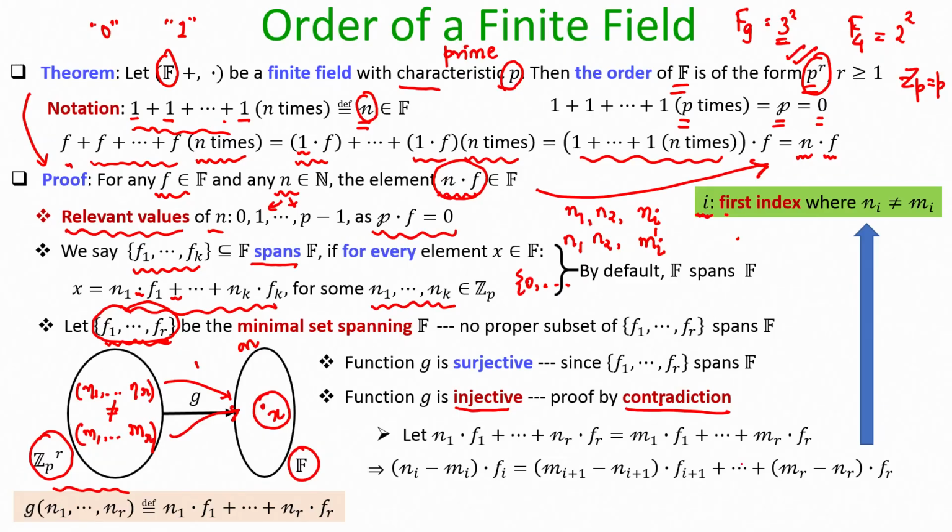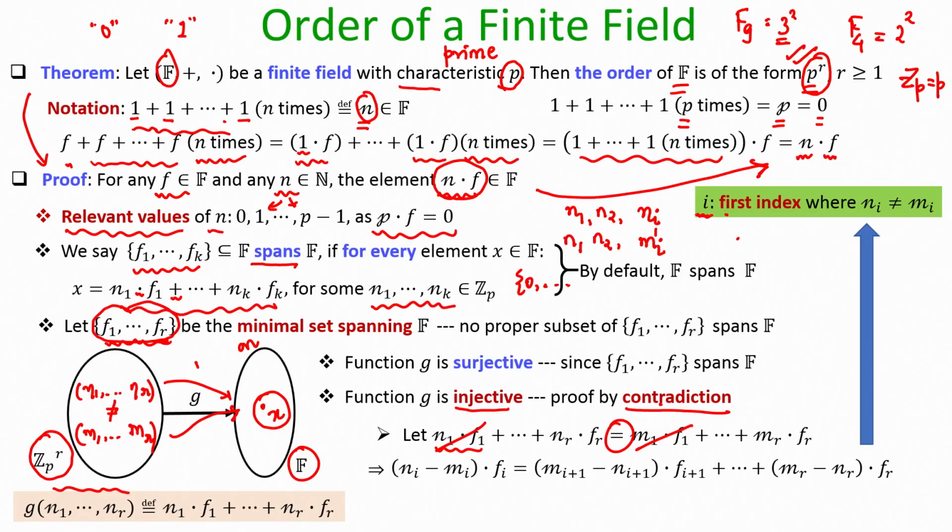So, I am focusing on that index I, and assuming that the first I minus 1 components are the same in both the n tuple and the m tuple, then I can cancel them out from both the LHS and the RHS. Because if I have N1 times F1 occurring in the LHS and M1 is the same as N1, then I can cancel out N1 F1 from both the sides.